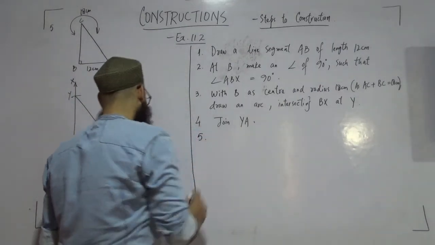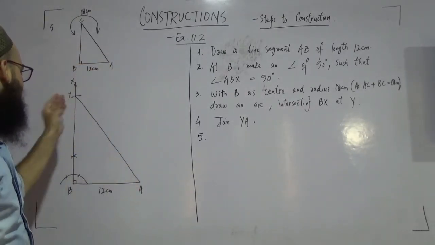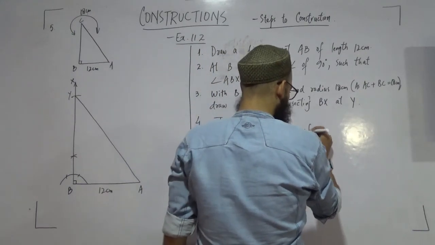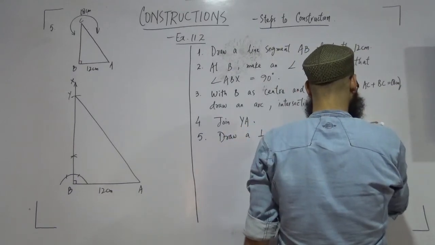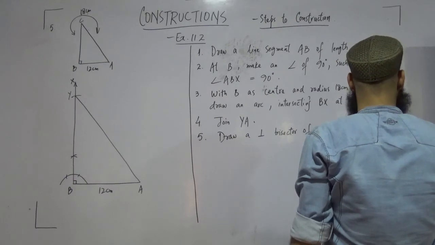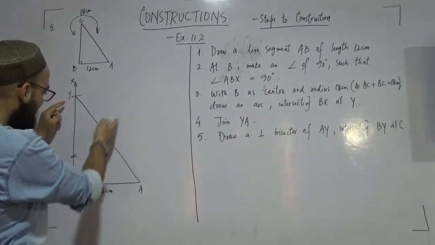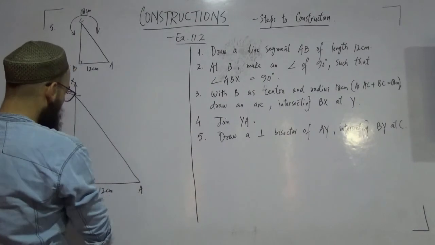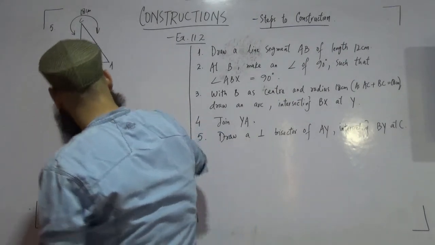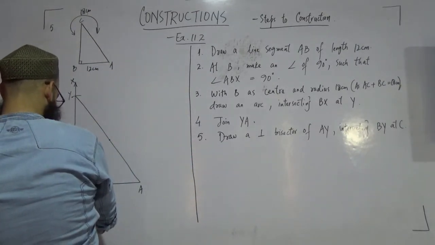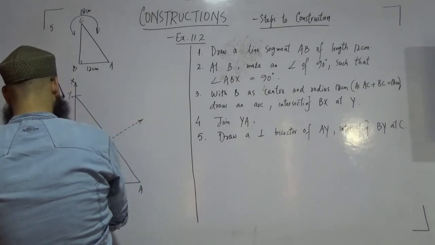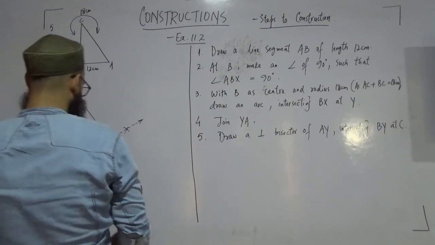After that, draw a perpendicular bisector of AY intersecting BY at C. Perpendicular bisector of AY will intersect BY at some point, and that will be our point C. So you'll get something like this.